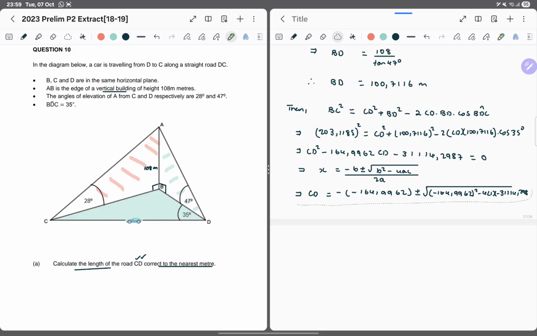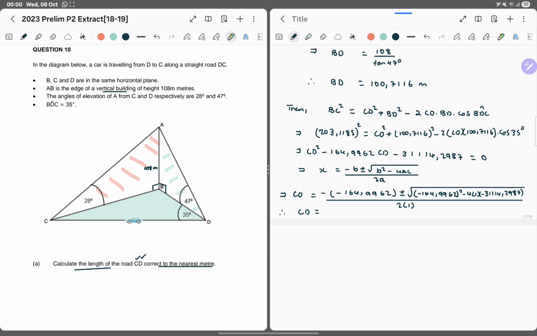I knew that was coming. Flirting with the limits. Okay, let's write it properly now. All of that over 2 into 1. So obviously, guys, CD should be a positive answer.